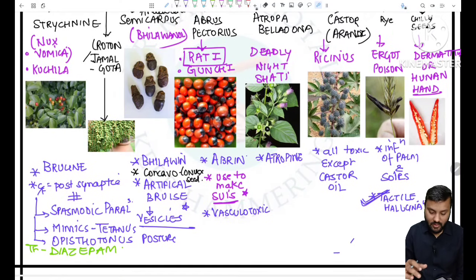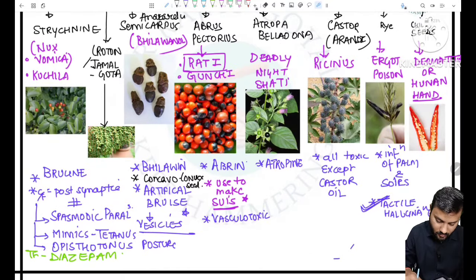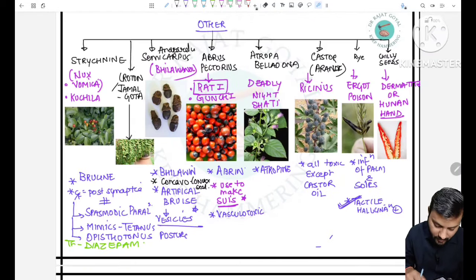So they will mimic the poisoning of a viper bite, and as they are vasculotoxic, they will also lead to hemolysis, DIC, coagulopathy, etc.